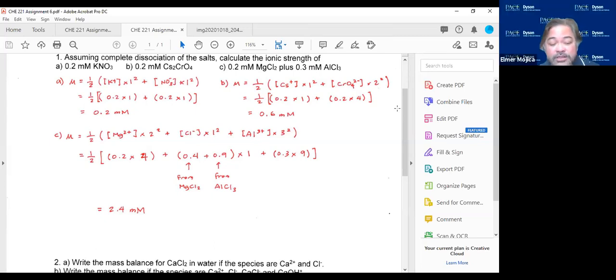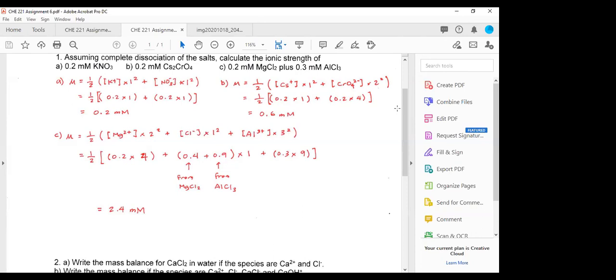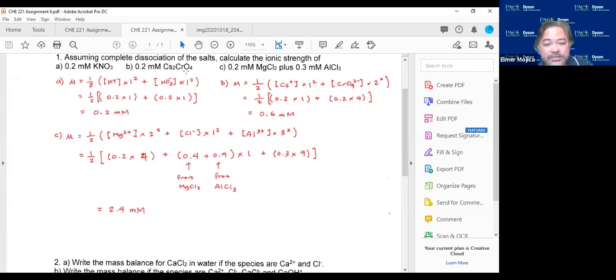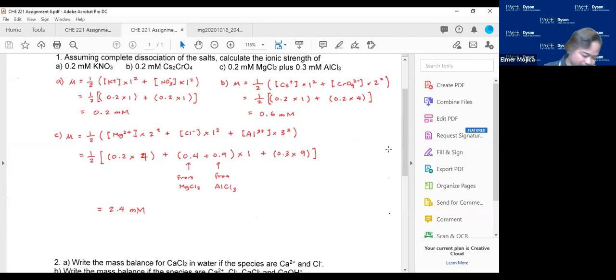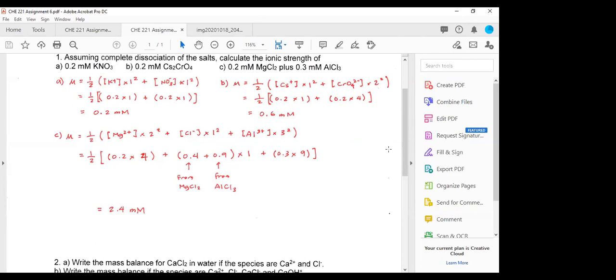Yeah, but if it's in molar, it's fine. Oh, okay, I see. Because what I did, this is given in millimolar, so I just followed the one that I have here. Okay, thank you. The thing is, why did you change it to molar? I'm not sure. I thought it should be in molar.